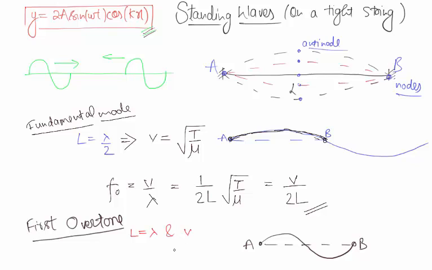So the new frequency f1 will be equal to v by lambda, which is nothing but v by L.